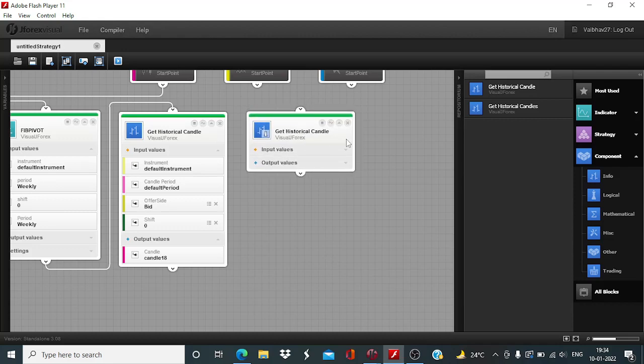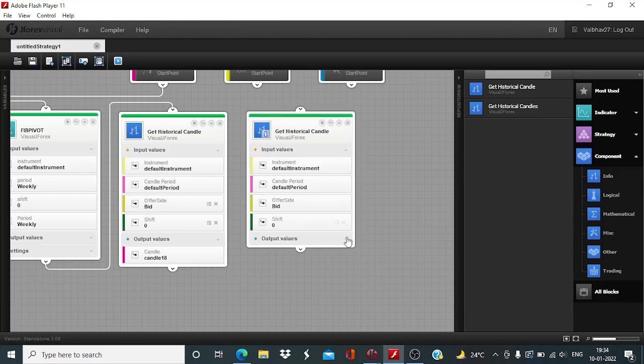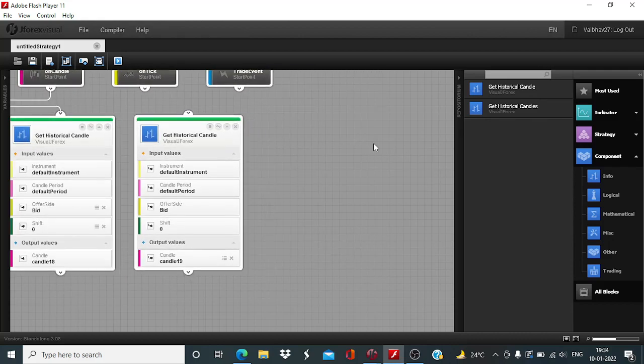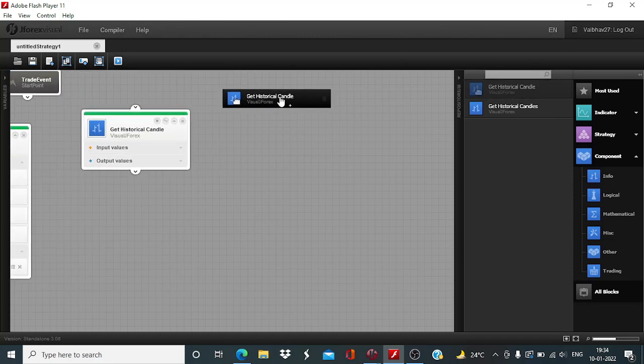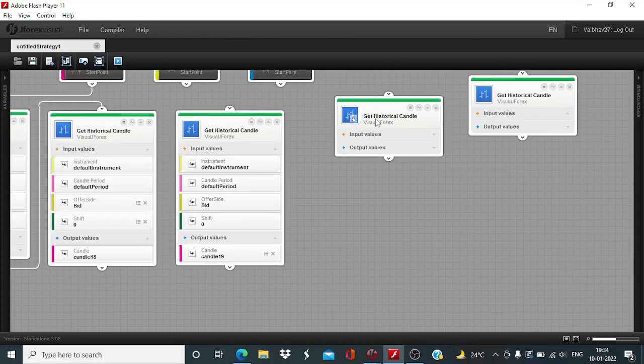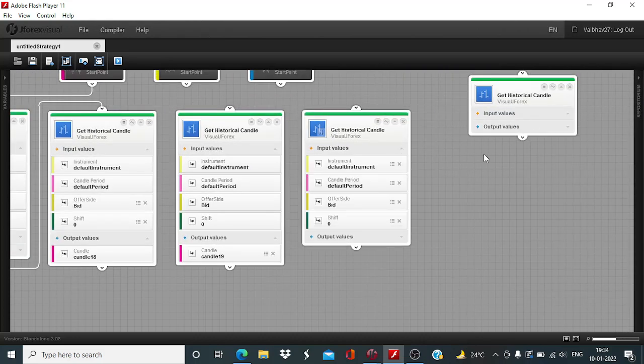We will have to consider the last hourly candle close and also the penultimate hourly candle close, along with the hourly candle which had closed 4 hours back. So I think at the bare minimum we are going to need 4 of these get historical candle blocks of the hourly candle period each.